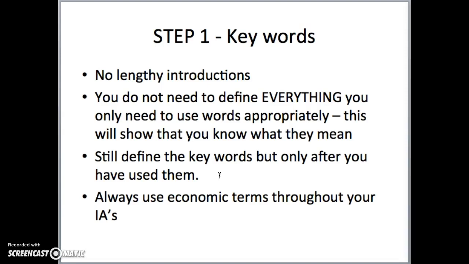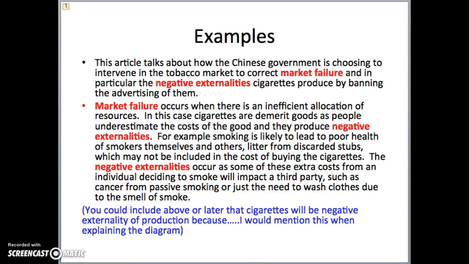Always use economic terms throughout your entire internal assessment. So don't use generic terms that we use every day. Use the economic term. So an example for step 1. As you can see here, this article talks about how the Chinese government is choosing to intervene in the tobacco market to correct market failure, and in particular the negative externalities cigarettes produce, by banning the advertising of them.